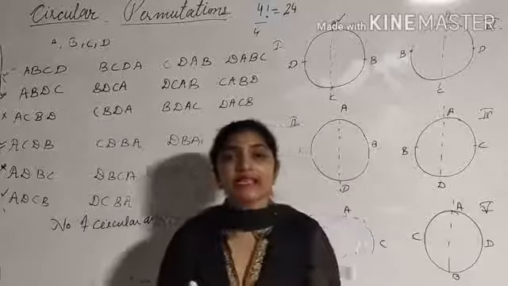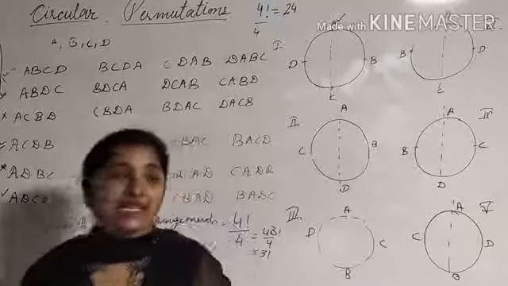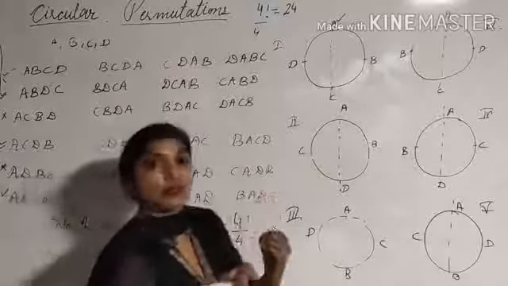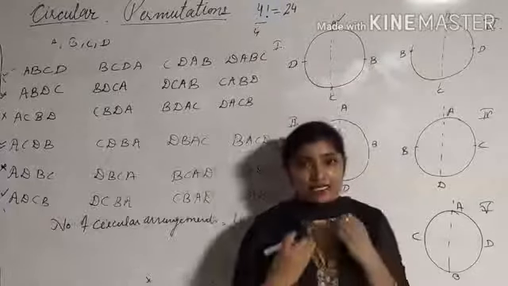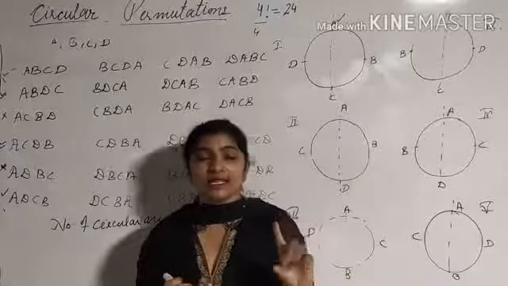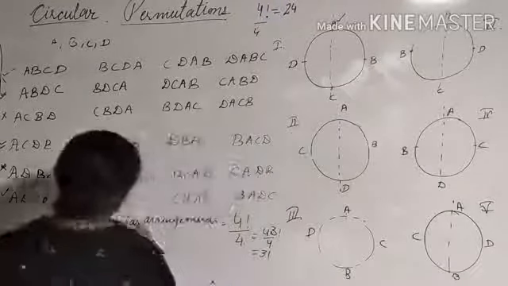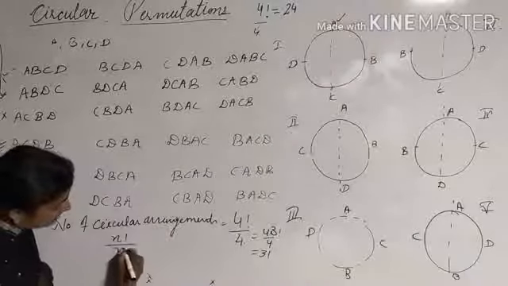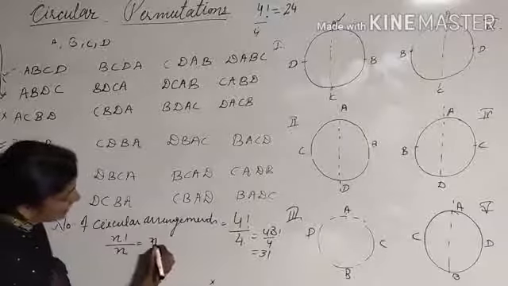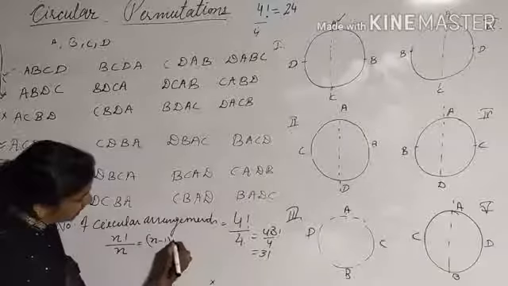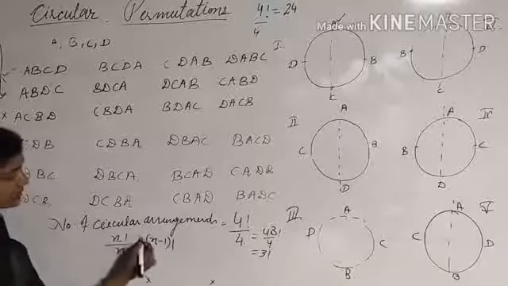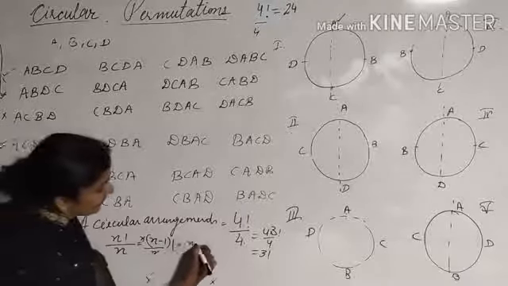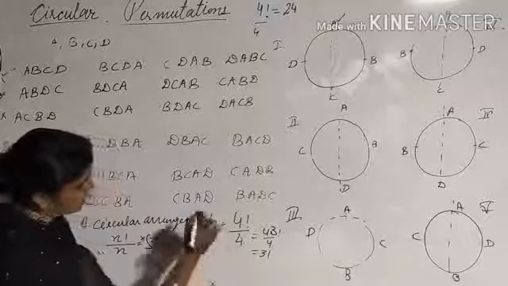So continuing like this, we can say that if we want to arrange n objects in a circle, then the total number of circular arrangements will be n factorial divided by n, and that is n minus 1 factorial, because n factorial is n into n minus 1 factorial, divided by n, and it will be n minus 1 factorial.